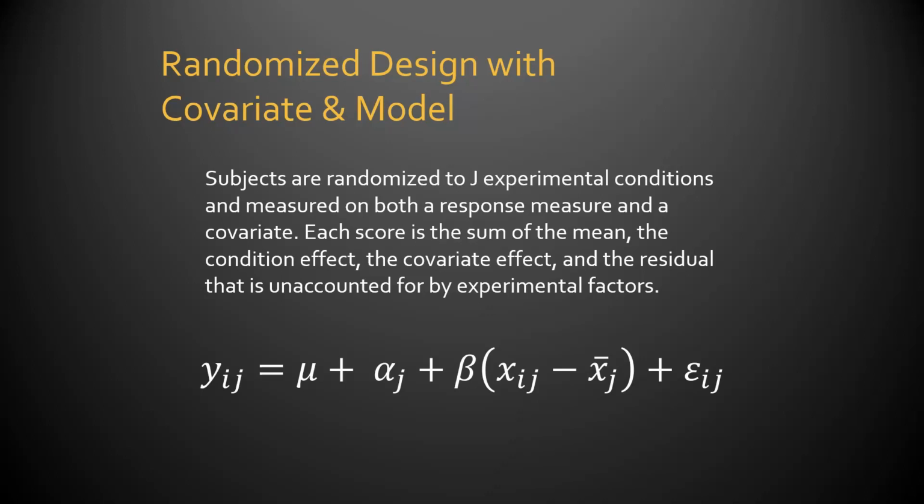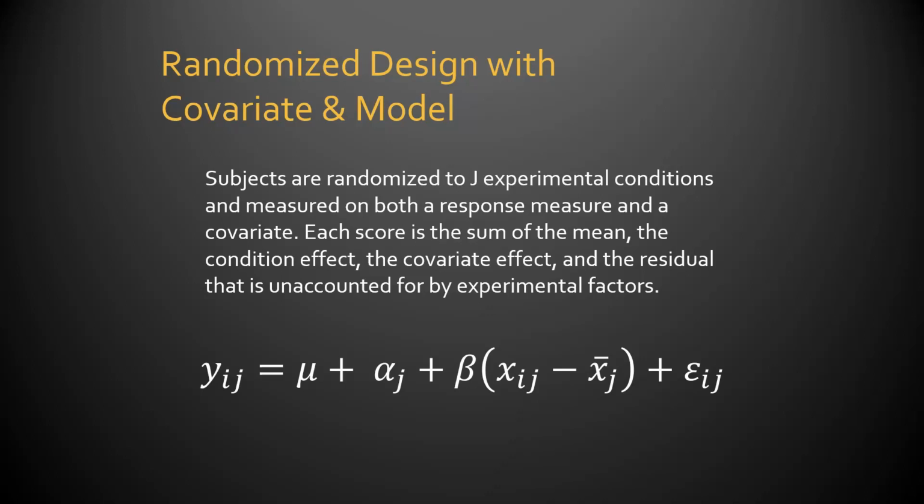Just know that you're taking a slope for the covariate. But what we're really doing is taking a slope for the covariate's deviation from its within group covariate mean. So the little x sub ij is the actual score of the person, and the x bar sub j is the mean for the condition that that person is in. And then we have the residual of person i in level j.